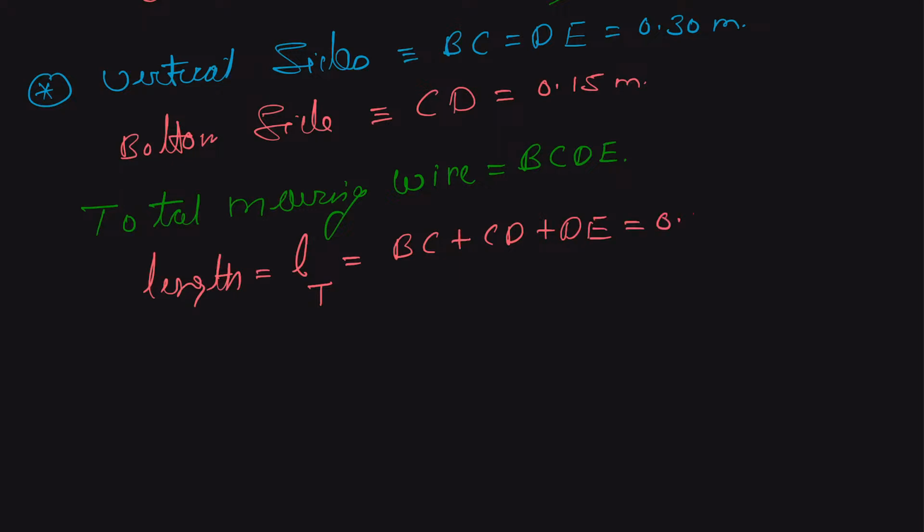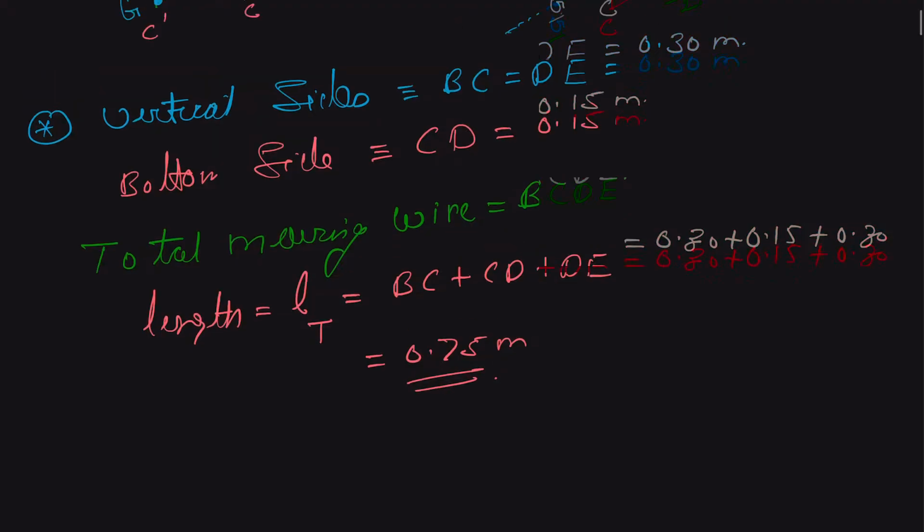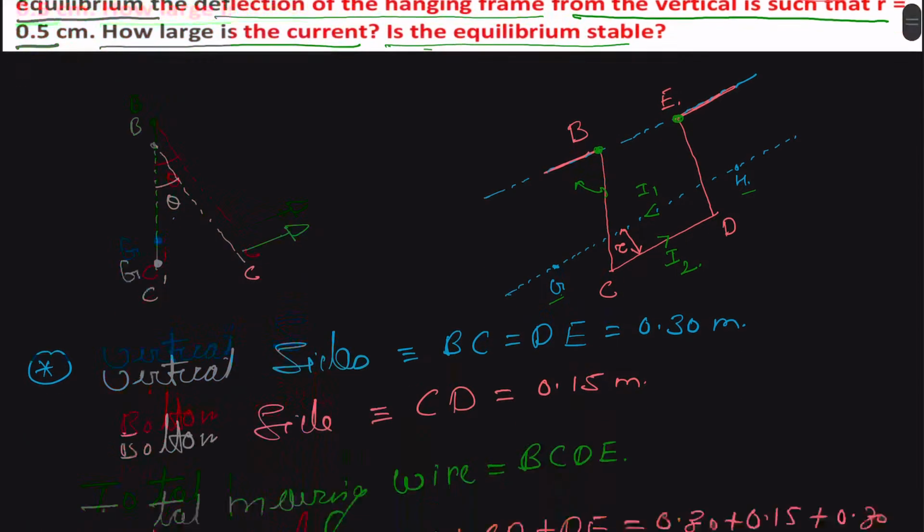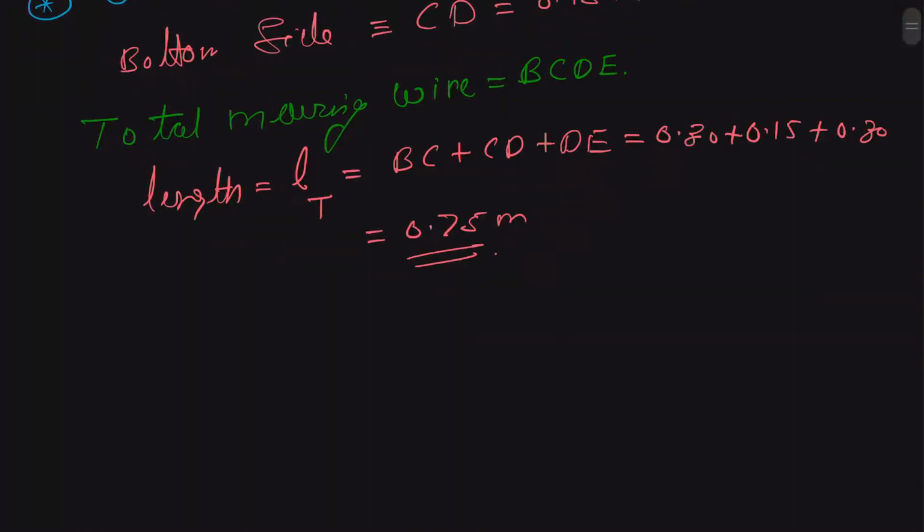So this will be 0.30 plus 0.15 plus 0.30, which comes as 0.75 meters. And we are also given that it has a weight of 0.08 Newton per meter. So we can say weight per unit length.